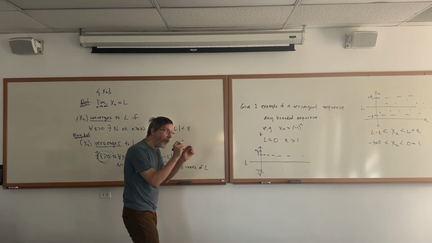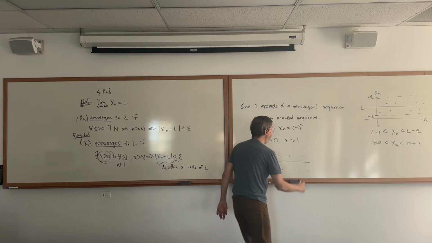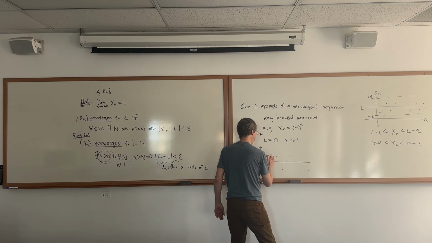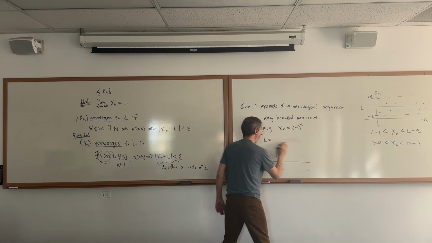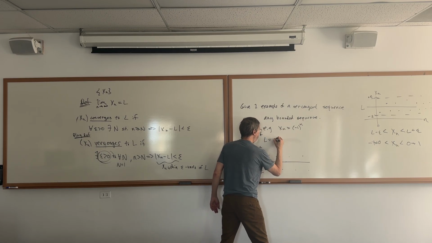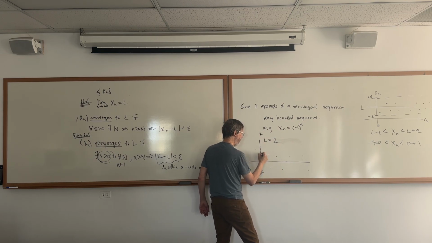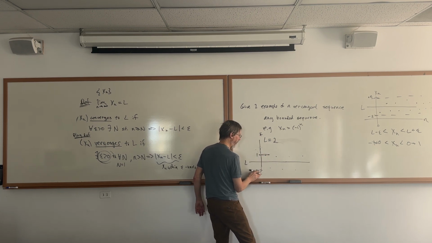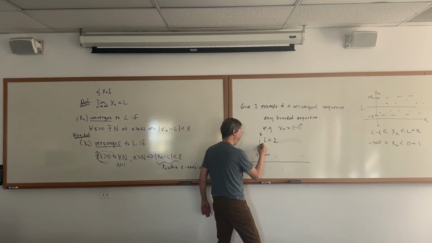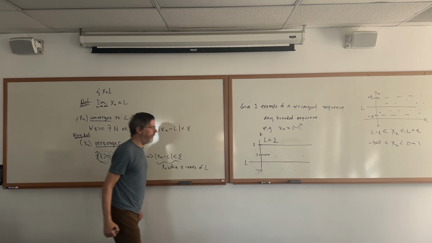So 1.001, still cool. What if L, so let's go back to this sequence here, still the same sequence. What if I say L equals 2? So still there's the 1, there's the minus 1, but now I'm saying L equals 2. What should epsilon be?